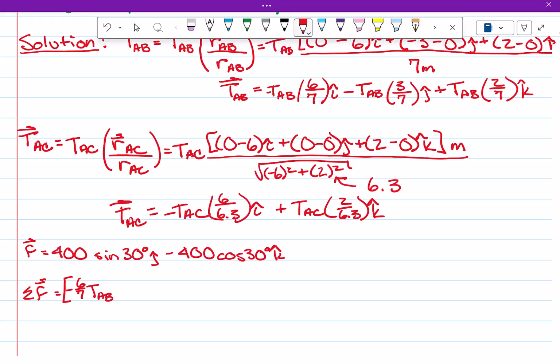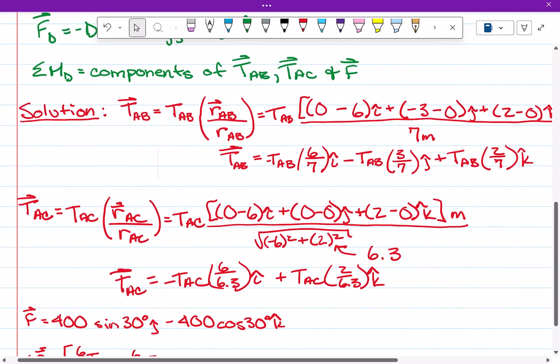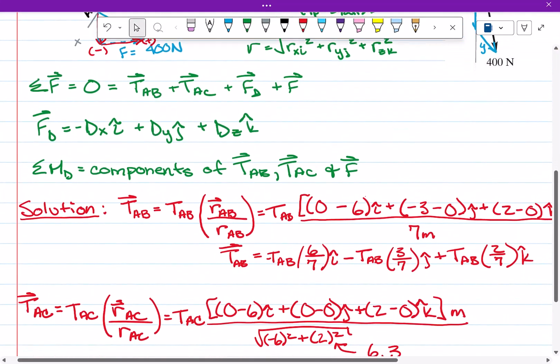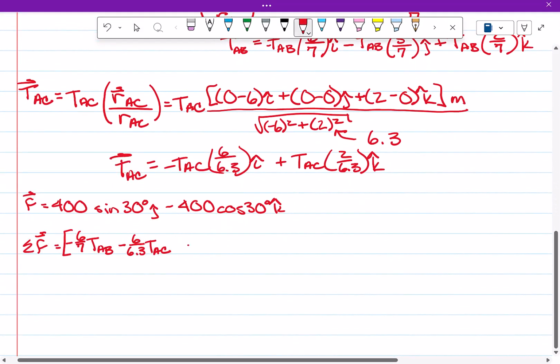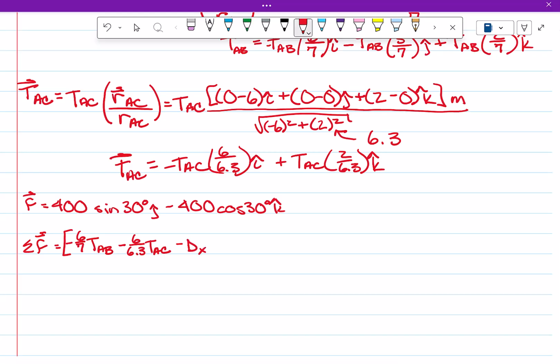Then our TAC in the I, we have negative 6 over 6.3. And we also have a dx component, and we have assumed our dx to be negative. With our F, there is no I component, so that's it for our I's.